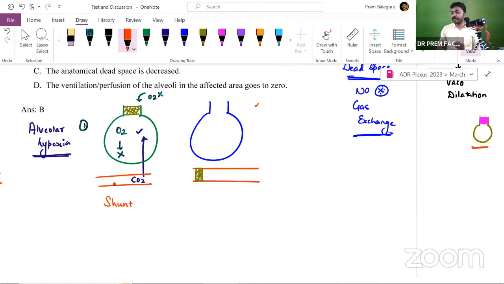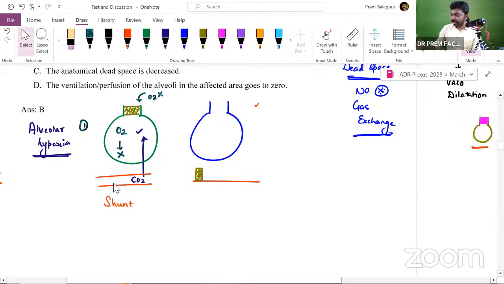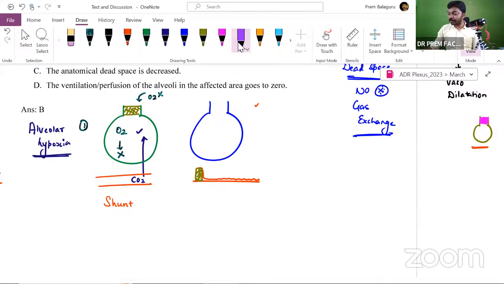In these conditions, there is no blood flow into the blood vessel. As a consequence, the blood vessel itself will become collapsed. Here, you are not going to see carbon dioxide transport or oxygen transport. Now there is going to be complete cessation of gas exchange. This condition is called dead space.